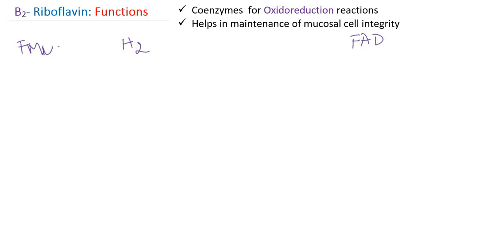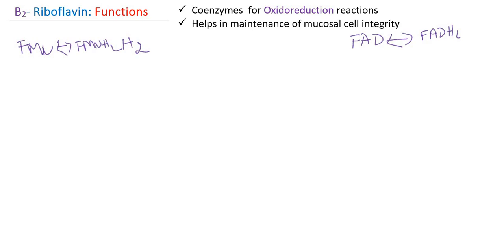If FMN accepts these hydrogen atoms, it will be converted to FMNH2. Similarly, if FAD accepts two hydrogens, it can be converted to FADH2. Deficiency will be very rare because they are recycled. FADH2 can be converted back to FAD, and similarly FMN.